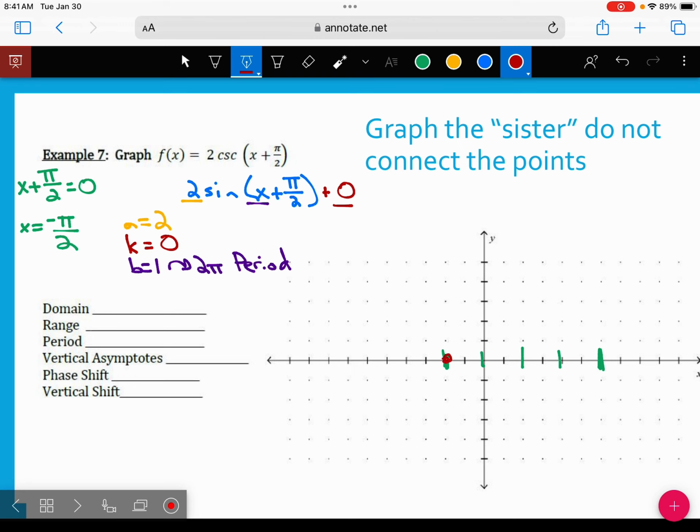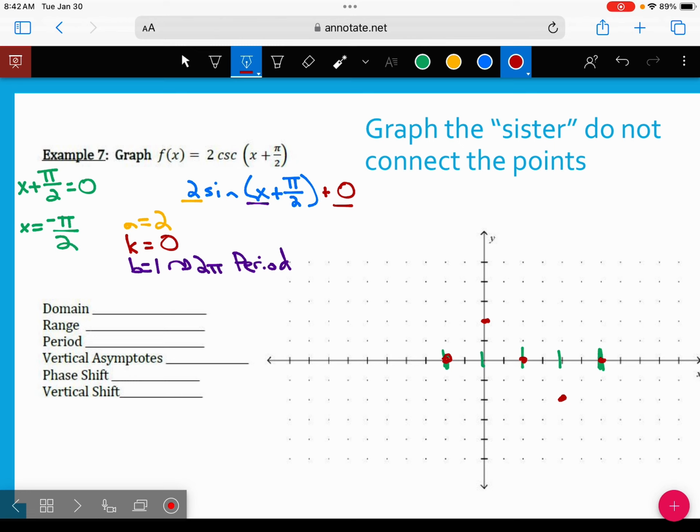Our K is 0, so for the first, third, and fifth points, our K is just going to be 0. If you look up on the board, I plotted it. For K plus A, 0 plus 2 is going to give us 2. And for K minus A, 0 minus 2 is going to give us negative 2. Remember, we're not connecting these points, we're just plotting them.